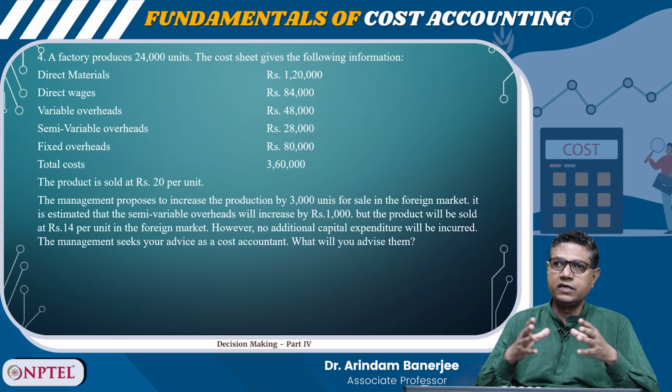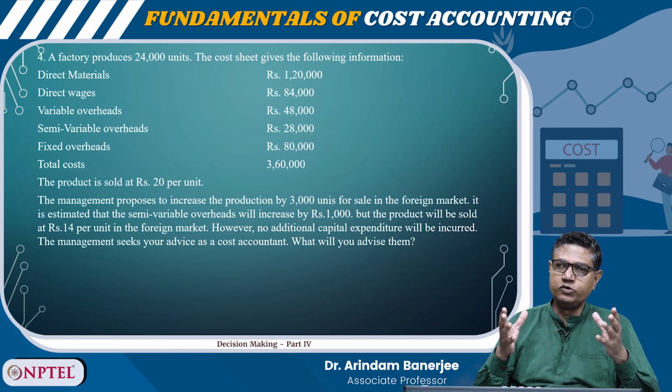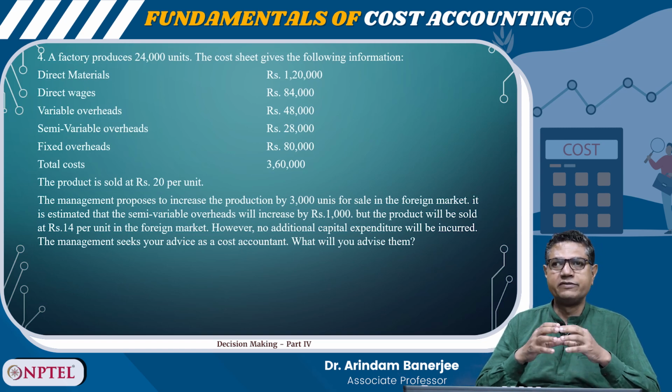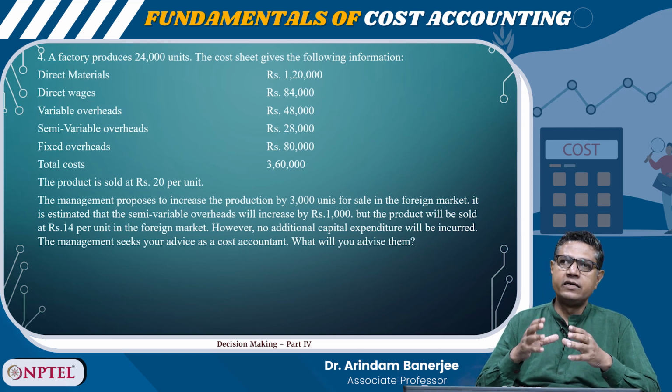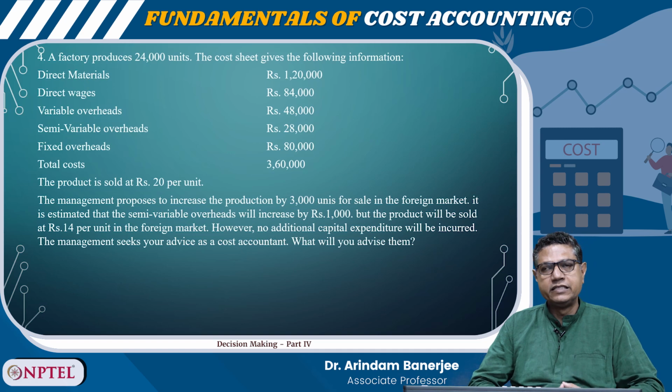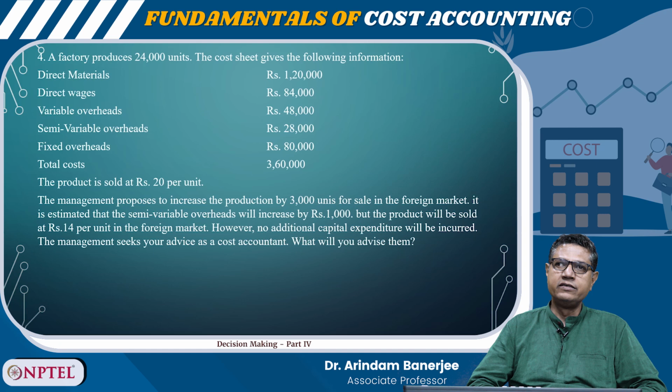The total variable cost, though it changes with the level of production, the variable cost per unit remains fixed, right. And total fixed cost, though it remains the same within a given production range and time frame, the fixed cost per unit changes when the level of production changes. So, if the level of production increases, the fixed cost per unit decreases, and vice versa.